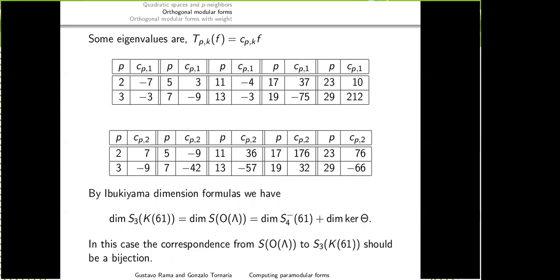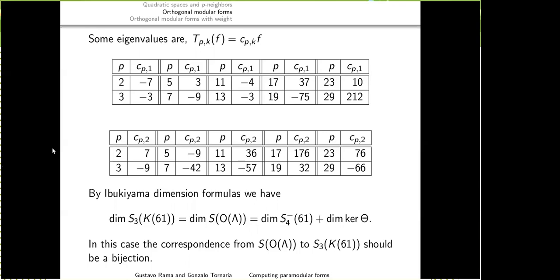In this case, the correspondence that I mentioned before between the cuspidal orthogonal modular forms and the paramodular forms of weight 3 and level 61 should be a bijection because they have the same dimension.